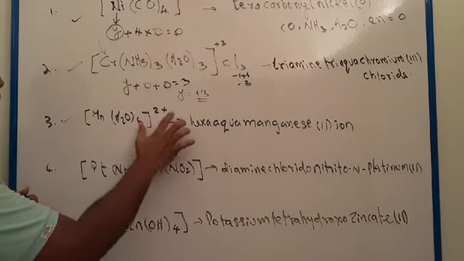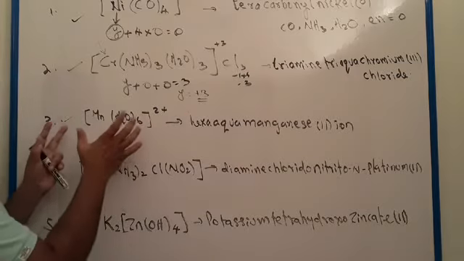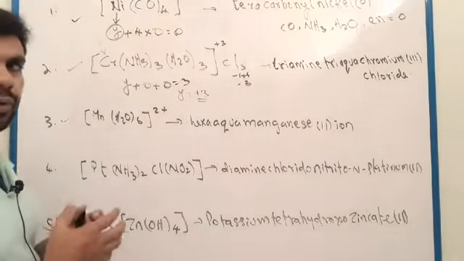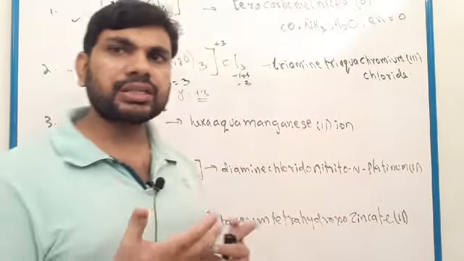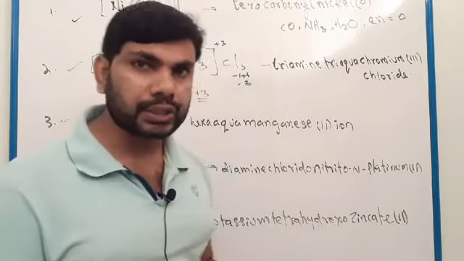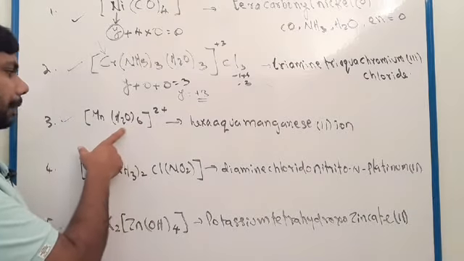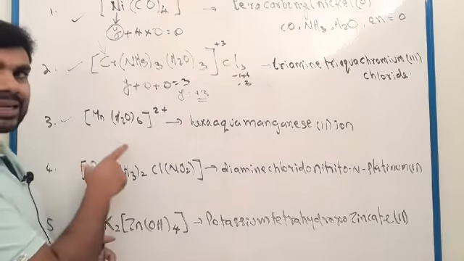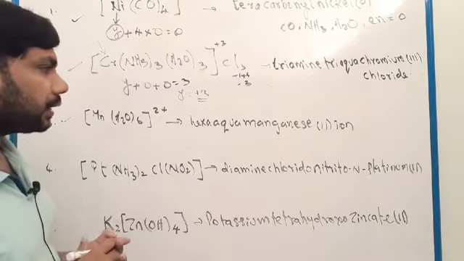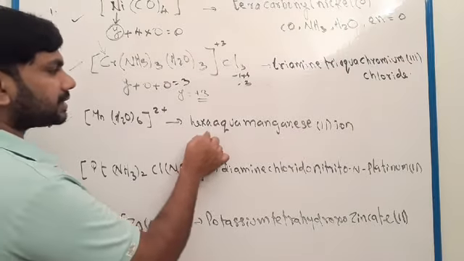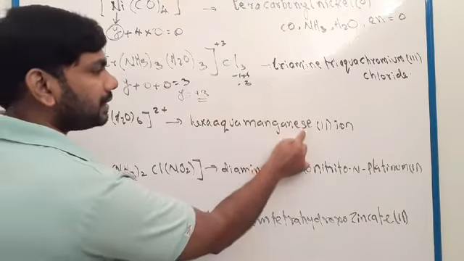There is no anionic part. So it is an ion. Okay, we know positively or negatively charged species are ions. So this is an ion. So hexaaqua manganese. Okay, this is written here, hexaaqua manganese.